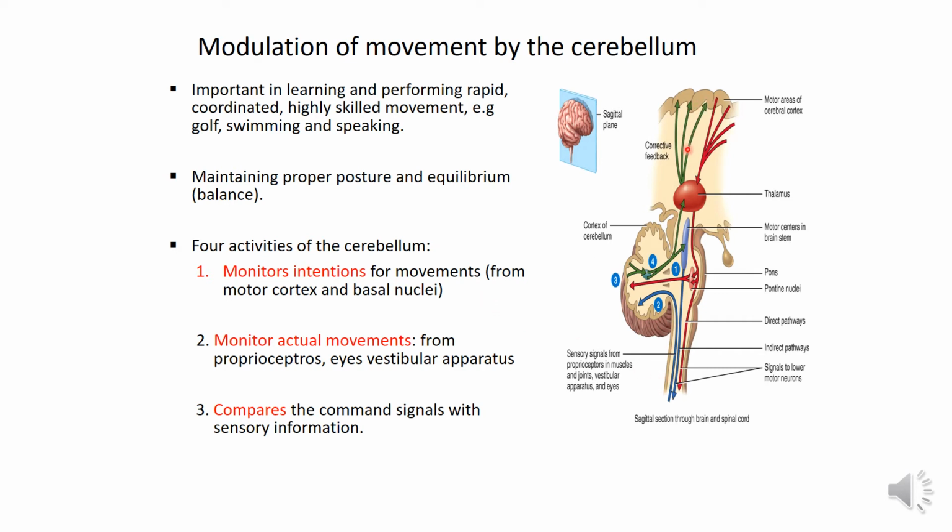It is going to judge and decide if these impulses are sufficient or insufficient, and is going to control the voluntary activity. It sends corrective feedback in case of any discrepancy or error through the thalamus to the upper motor neuron. So it receives sensory information and motor information, compares them, and judges whether this information is suitable or not.